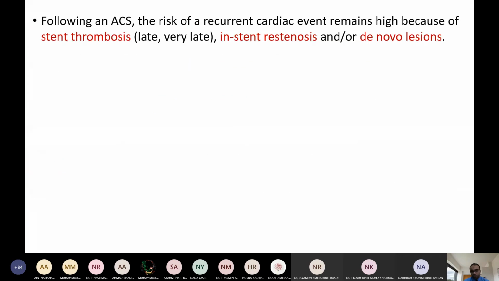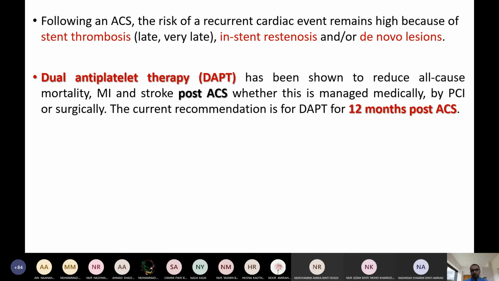So what we can highlight regarding aspirin, even following ACS, which will be discussed later: the risk of recurrent cardiac events, you remember when we talked about the prognosis, is still around 20% in the next year for the patient to have recurrent thrombosis, recurrent stenosis, or even de novo lesions, meaning lesions developing in a pathway that was not affected before.